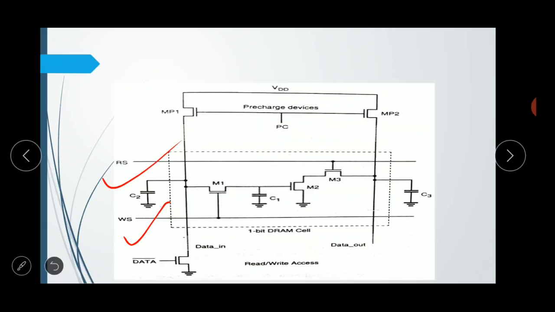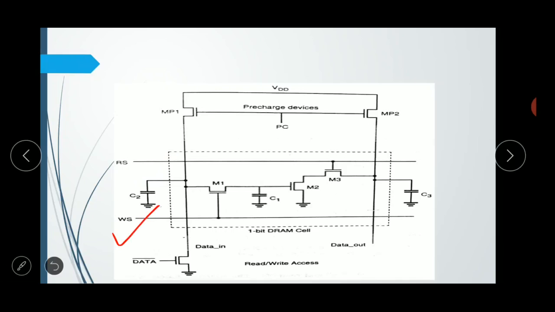As per our operation, we activate the line. If we are doing the write operation, then we activate the WS line. If we are doing the read operation, then we activate the RS line. So first here we do the write operation. For that we activate the WS line.